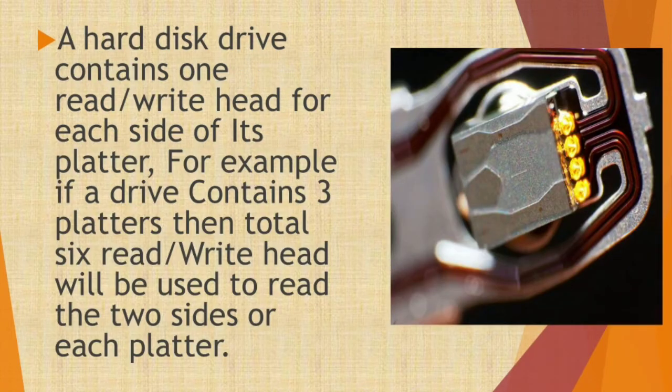A hard disk drive contains one read-write head for each side of its platter. For example, if a drive contains 3 platters, then a total of 6 read-write heads will be used to read the two sides of each platter.